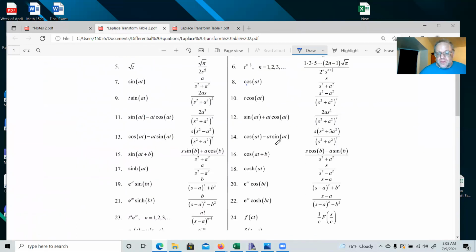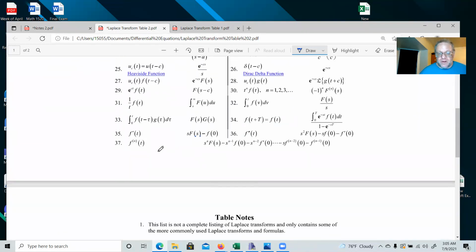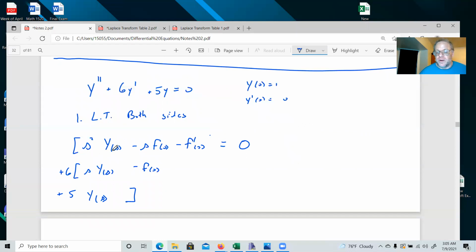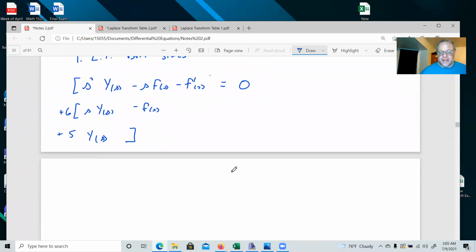The way I pulled off my second derivative, I looked at entry 36: s squared F of s minus s F of 0 minus F prime of 0. The reason I write it down this way is because I really want to group up my Y of s's.